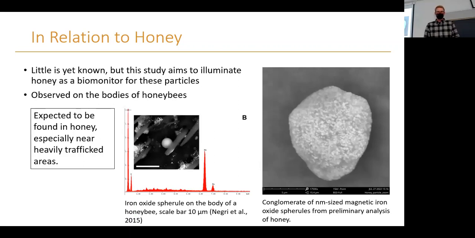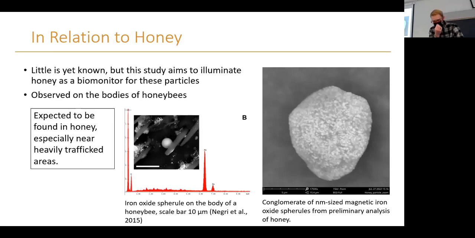They've been observed on the body of honeybees, as seen here. This is a little tiny spherule, about 5 microns in size. And I expect them to be found in honey, especially near heavily trafficked areas, because it does seem that brakewear is the main source of these things.